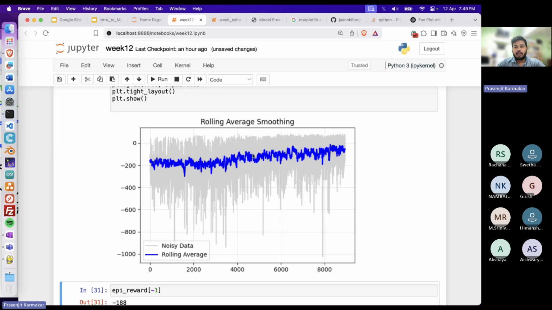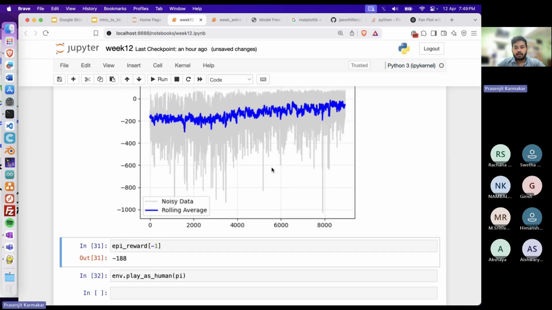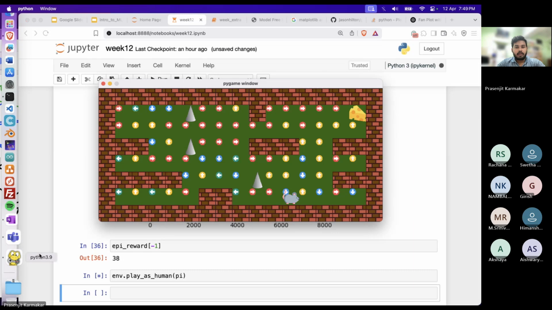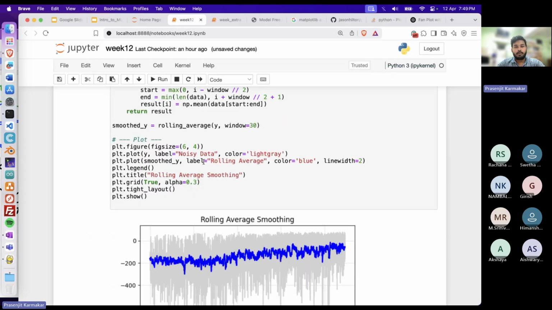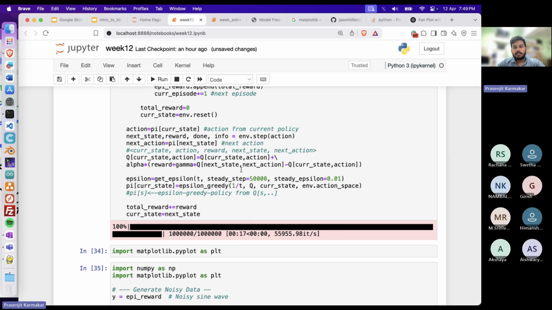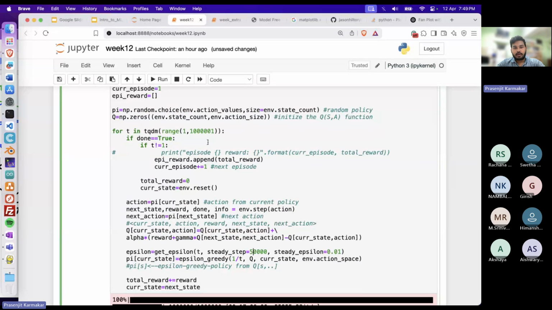So it's still not able to learn these initial states, and we can fix it by exploring a bit more. It's going up till 10 lakh.